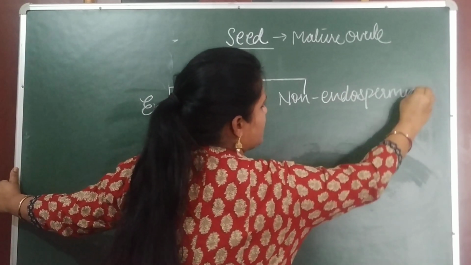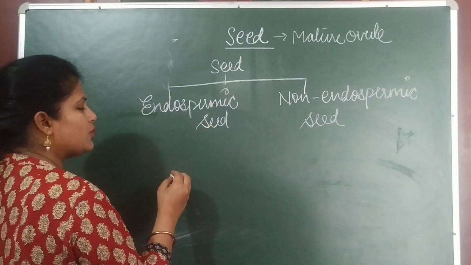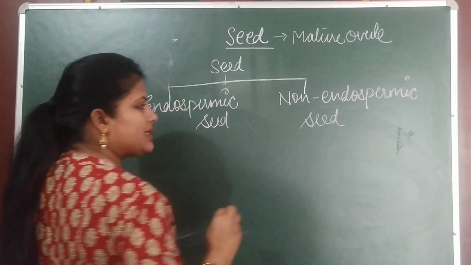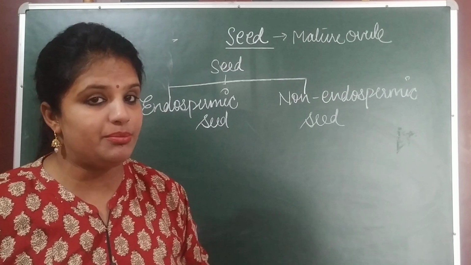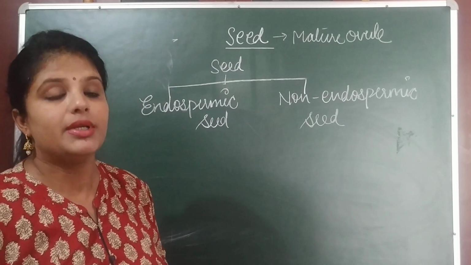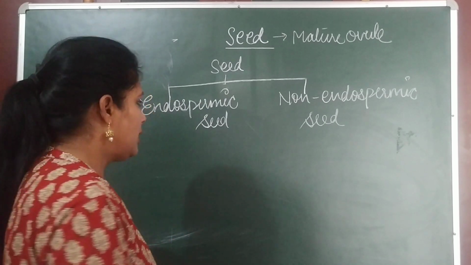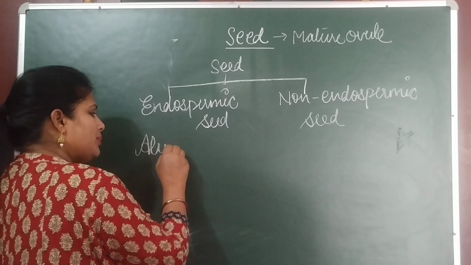Now, what is an endospermic seed? Endospermic seed is the seed in which endosperm is present, and non-endospermic seed is the seed in which endosperm is not present. It means the entire endosperm is consumed during the development of the embryo. This endospermic seed may be known as albuminous seed.